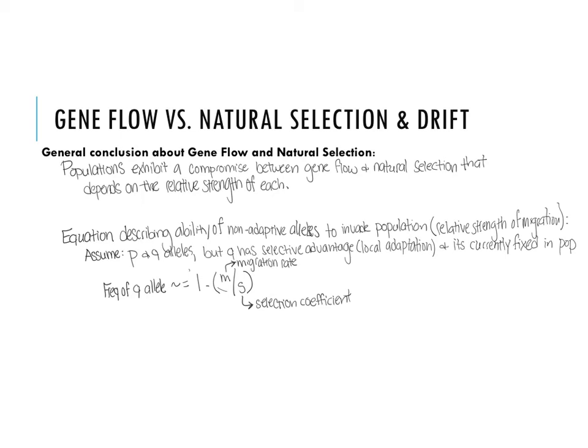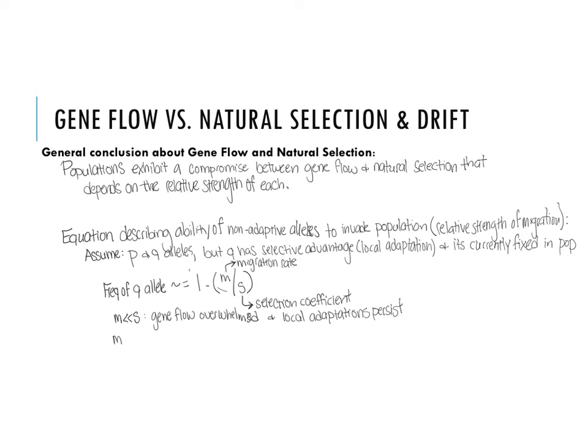All right, so in words, we can say when M is much smaller than S, gene flow is overwhelmed, and local adaptations persist. Almost got myself turned around there.